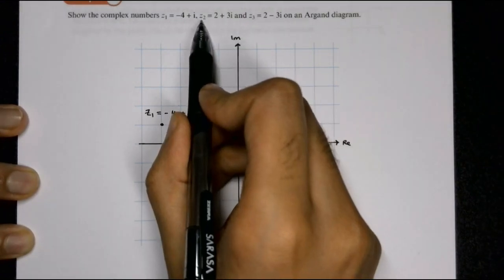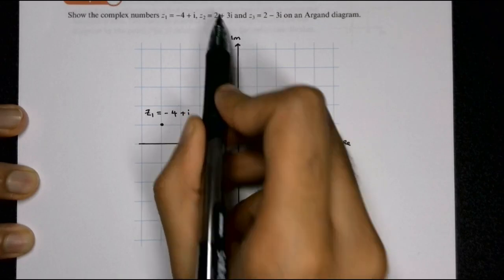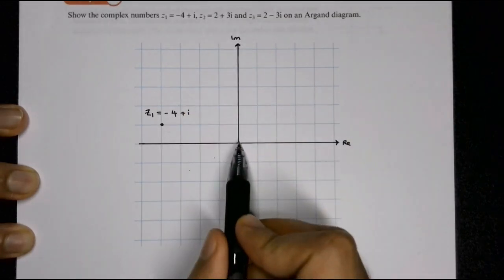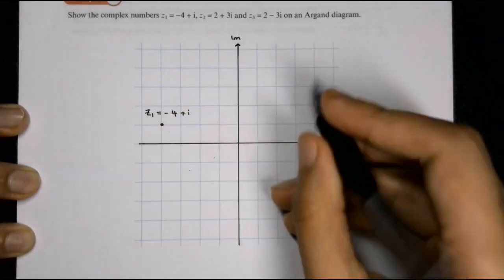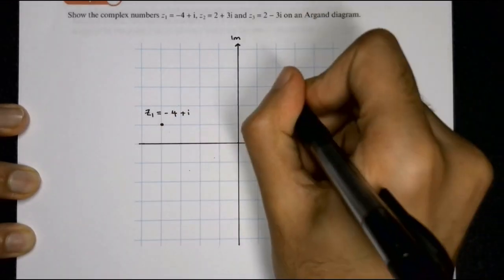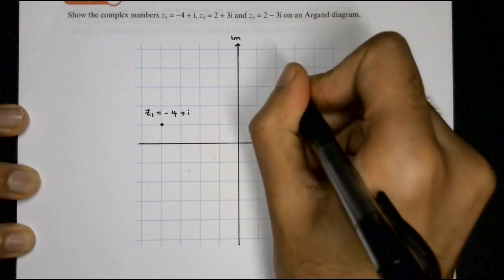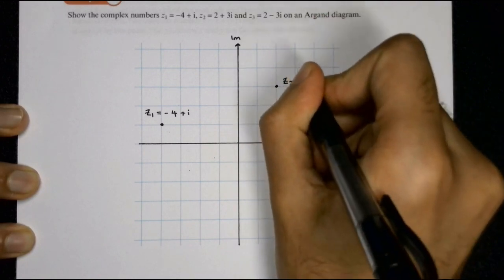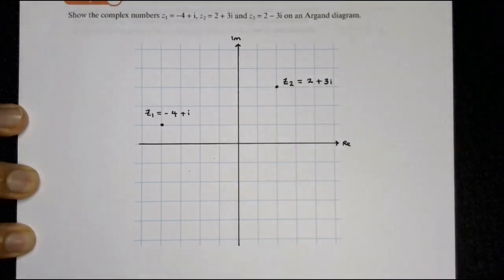If we consider z2, that's 2 plus 3i, we go 2 along the real axis, 3 along the imaginary axis. You can see here we have the point z2, which is equal to 2 plus 3i.